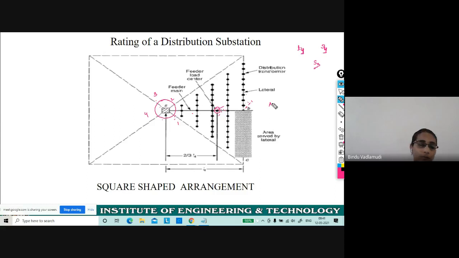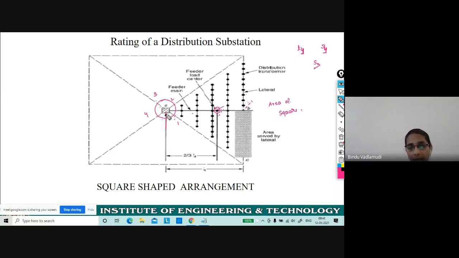Area of the square. We are very familiar with the area of the square. Here, is this part forming a square or not?